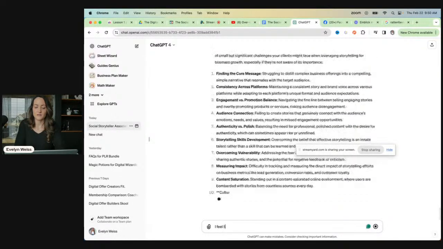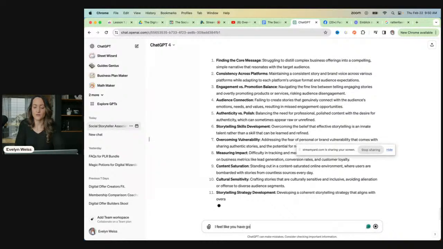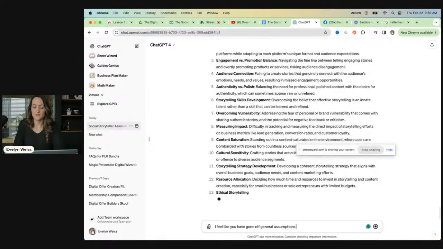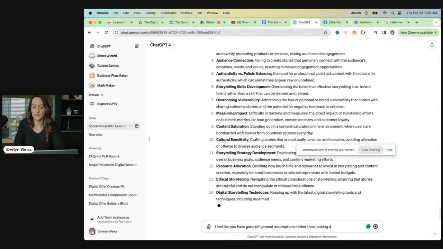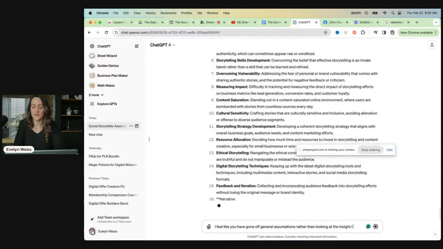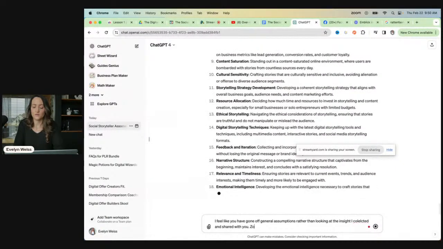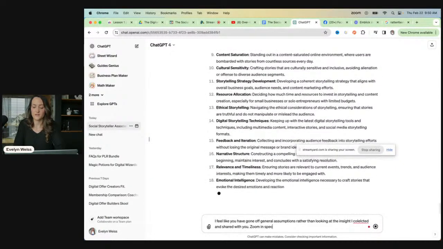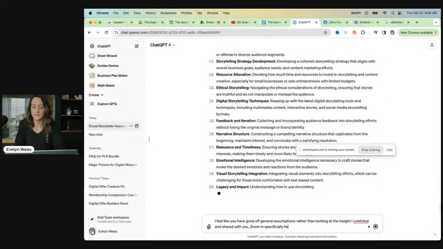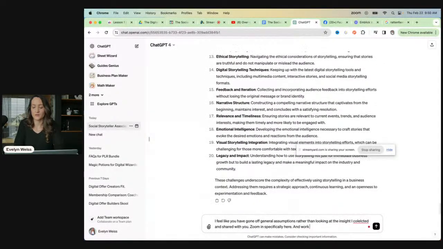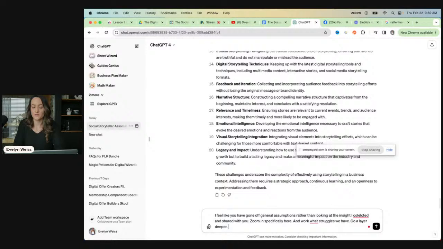I feel like you have gone off general assumptions rather than looking at the insight I collected and shared with you. Zoom in specifically here and work out what struggles we have. Go a layer deeper.